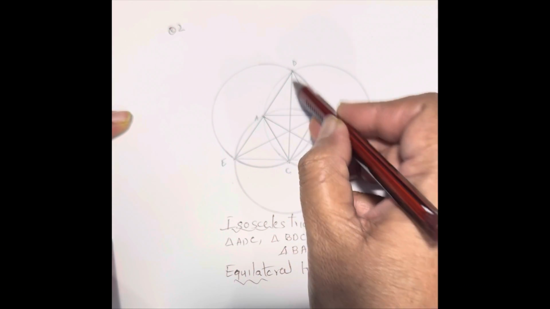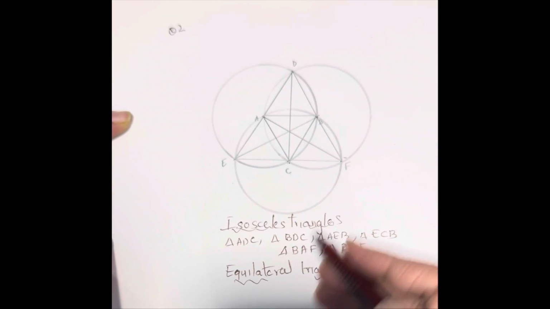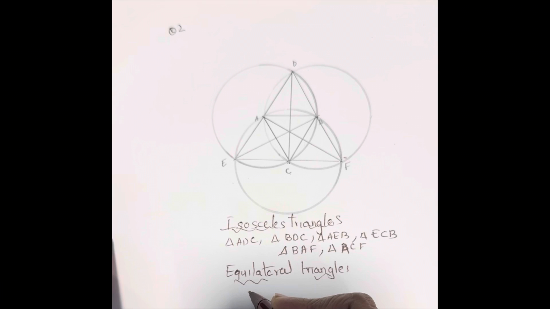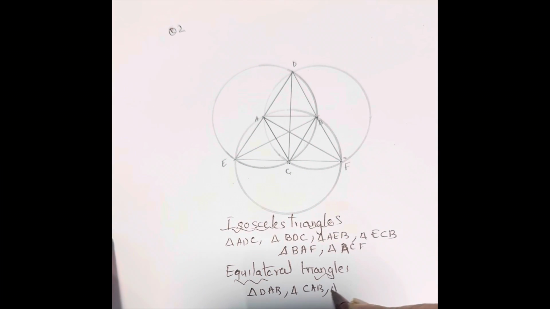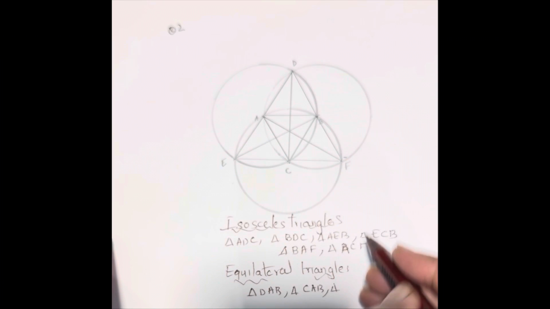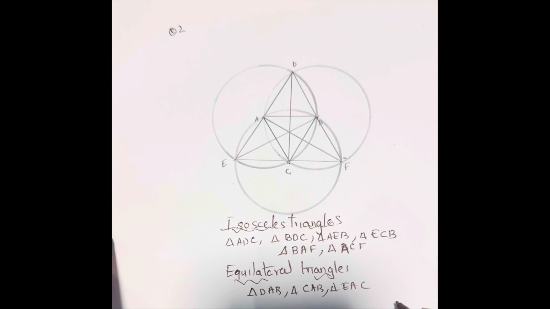So there are actually 4: the center one, and the corner ones. So 4 equilateral triangles are formed. Triangle DAB, the upper one, then triangle ACB or CAB, the center one, then triangle EAC and triangle BCF. So 4 equilateral triangles and 6 isosceles triangles can be formed in this diagram, right?